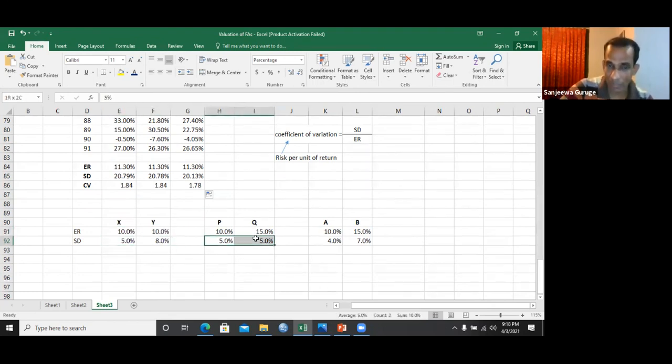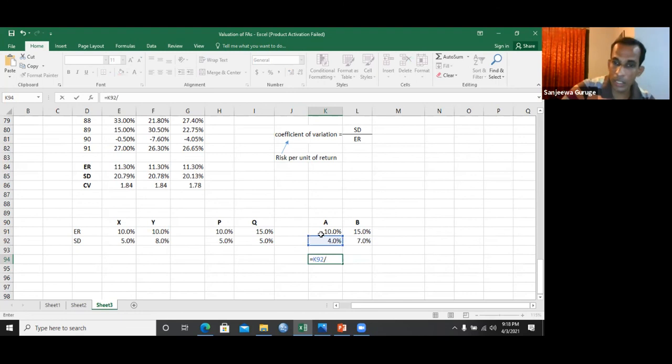If the risk is same, we select the asset with higher expected return. But if the risk and return are both different, then we need to calculate the coefficient of variation, standard deviation divided by the expected return. Then we can see which asset is better.